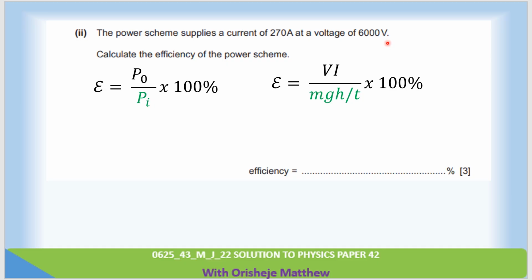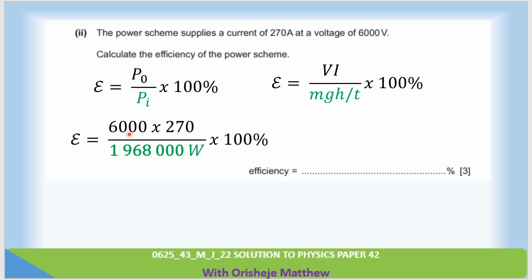The power output is the power supplied, while the power input is the power that the hydro converted from kinetic energy, the power that we just calculated in the previous question, which is the input power. Then the output power is the power that the hydro dam is releasing. We are given the current and the voltage, so you can multiply them.